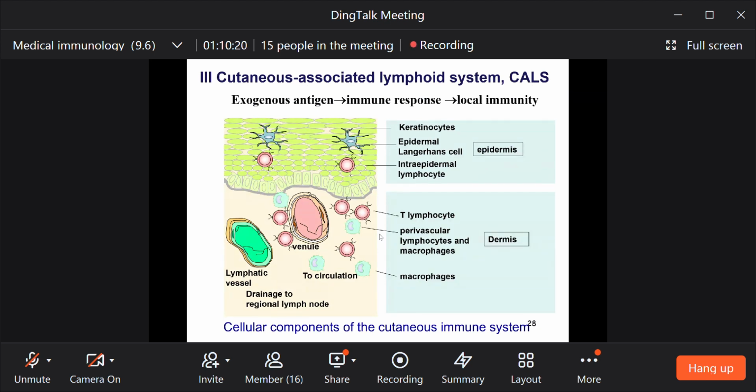The lymphatic vessel is responsible for transporting the lymphocytes, and the venules are responsible for transferring blood here. So many kinds of cells arrive there and wait. Waiting for what? Waiting for infected foreign substances.